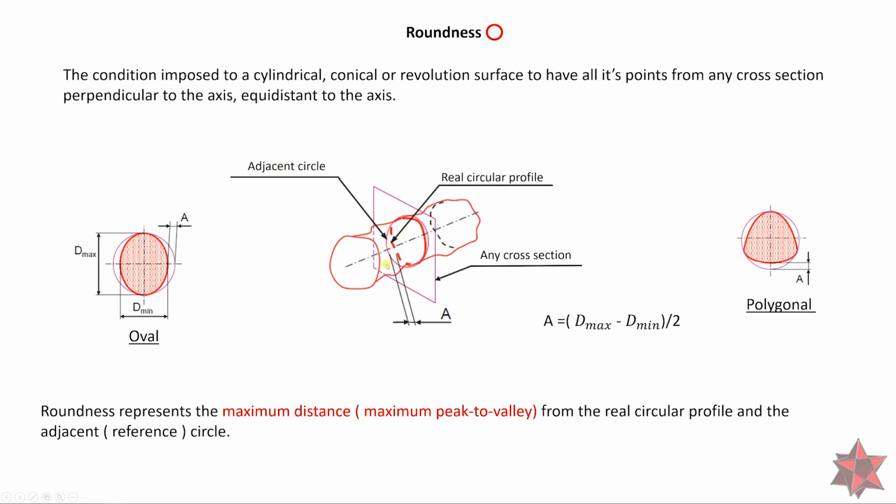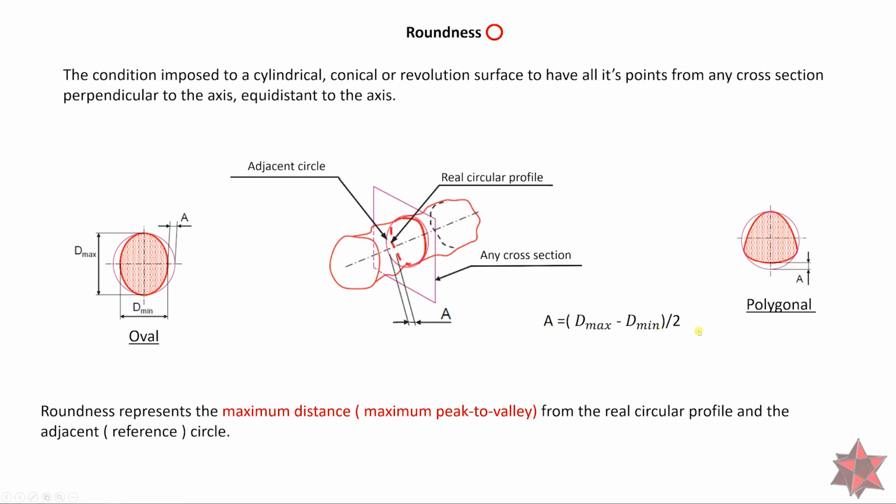This is the adjacent circle, the reference circle. And A is the tolerance, the roundness deviation: the maximum permitted deviation between the real circular profile and the reference circle.